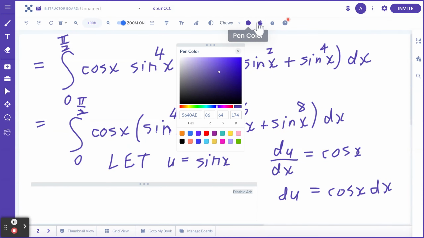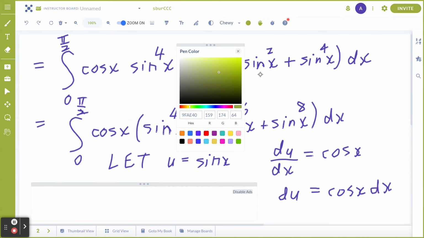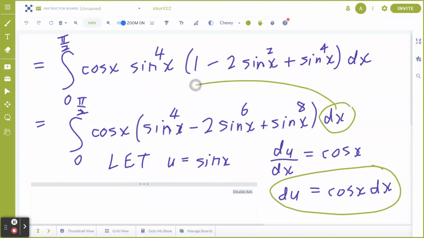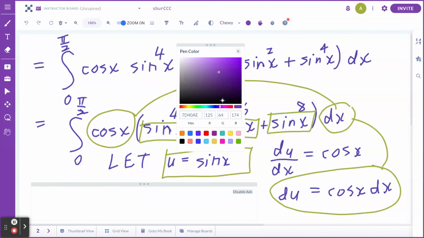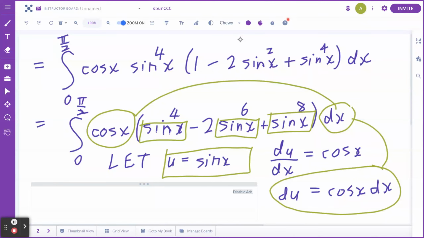If I use a different color, look at this correlation, right here. So on the following step, I can rewrite this as du. And likewise, when I think about sine x, that will become u. So let's go back to the first color. Let's continue on the following page.